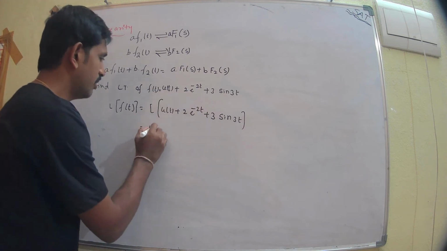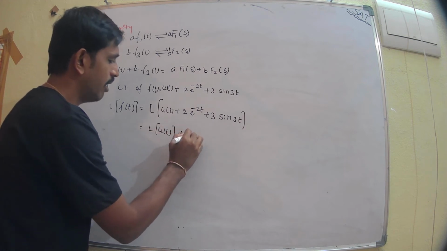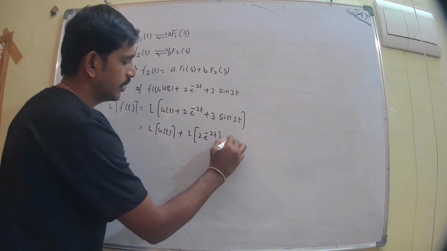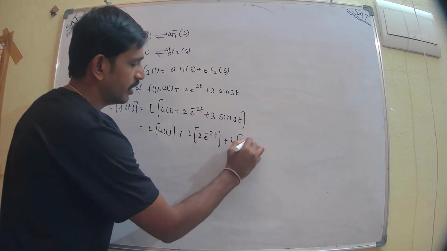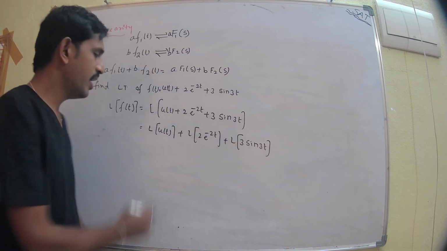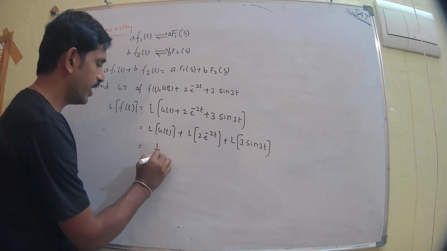So the Laplace transform of u(t) plus the Laplace transform of 2 e power minus 2t plus the Laplace transform of 3 sine 3t. We know that the Laplace transform of u(t) is 1 by s.